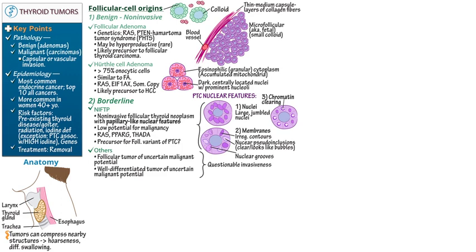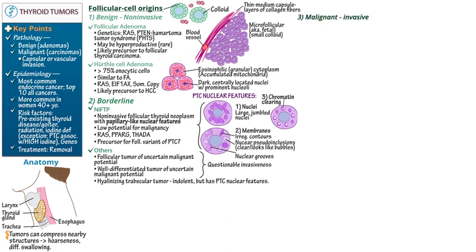Thus, some authors argue that we should avoid this terminology and instead strive to determine the invasiveness and nuclear features scoring in all tumors. Lastly, in this borderline group, indicate that hyalinizing trabecular thyroid tumor is indolent but has papillary thyroid carcinoma nuclear features. It is rare.